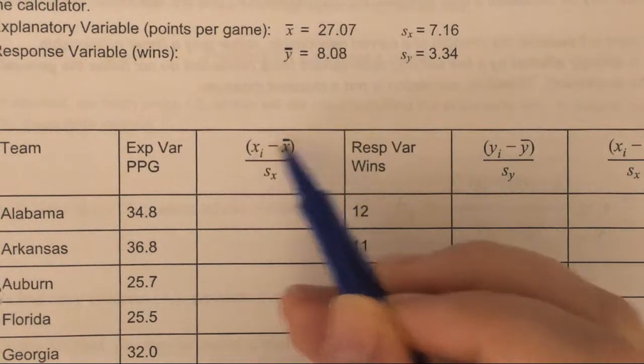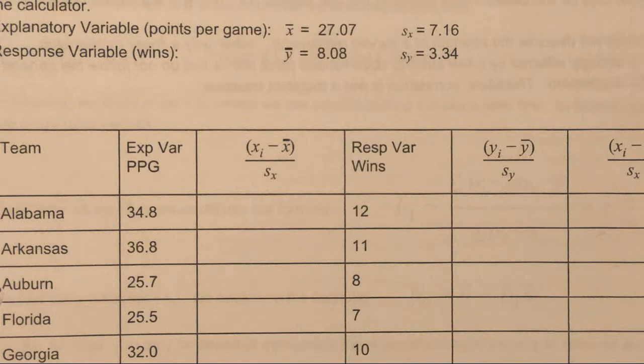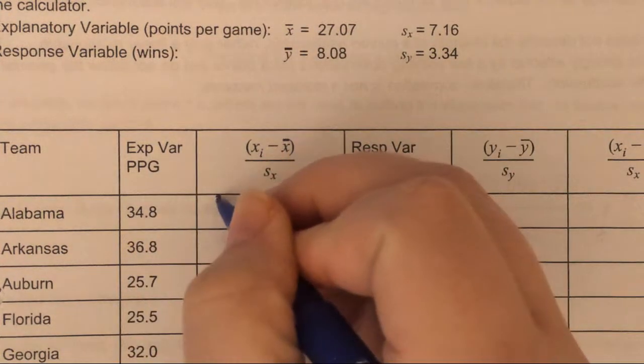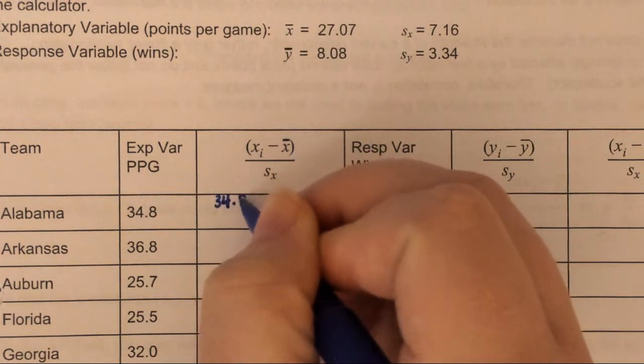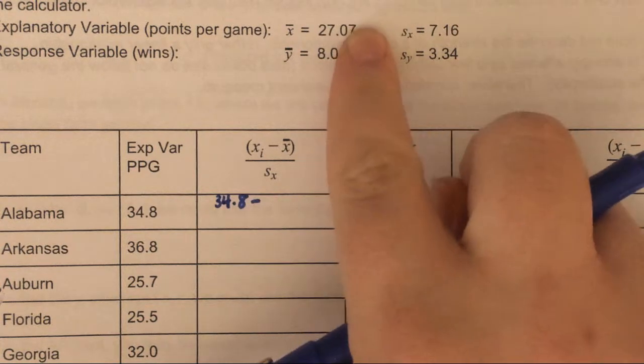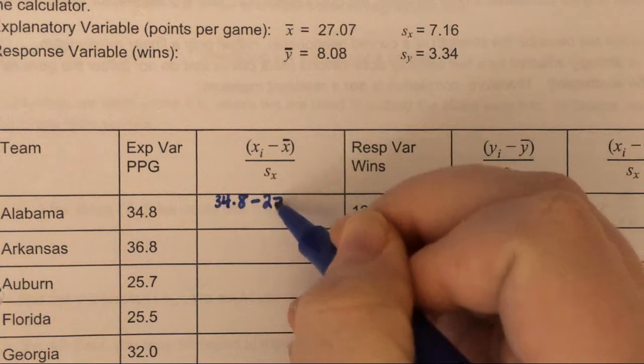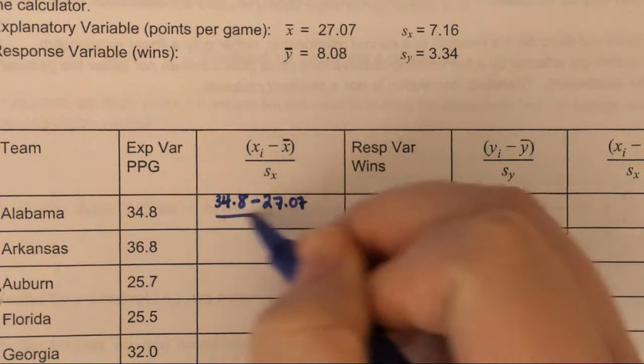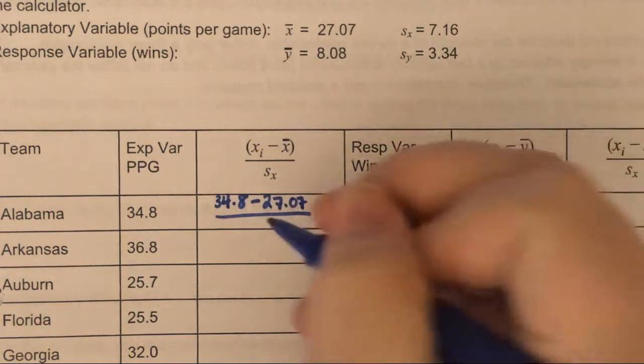Okay, so x_i minus x bar over s_x is going to be whatever they gave you as x_i, so 34.8 minus x bar, which was given as 27.07, over s_x, that's going to be 7.16.